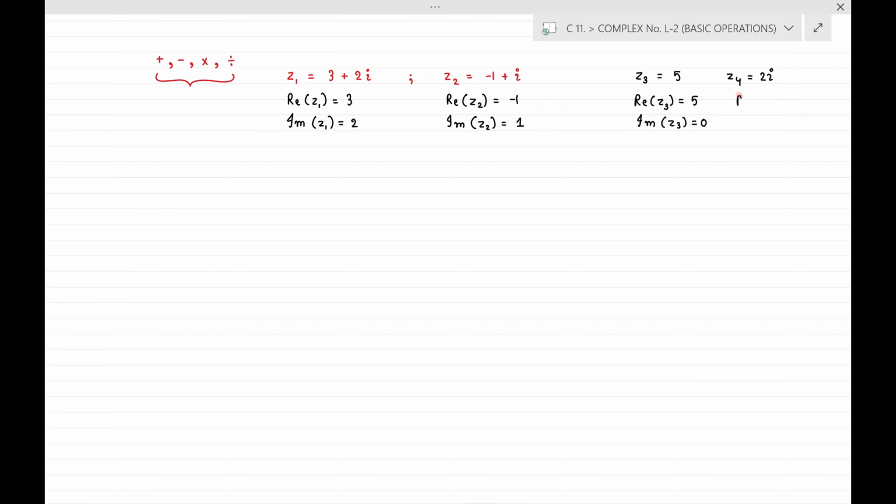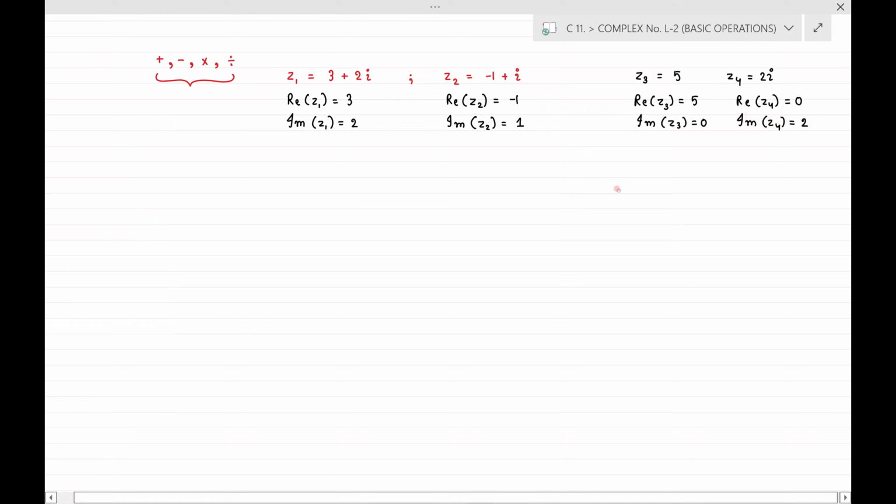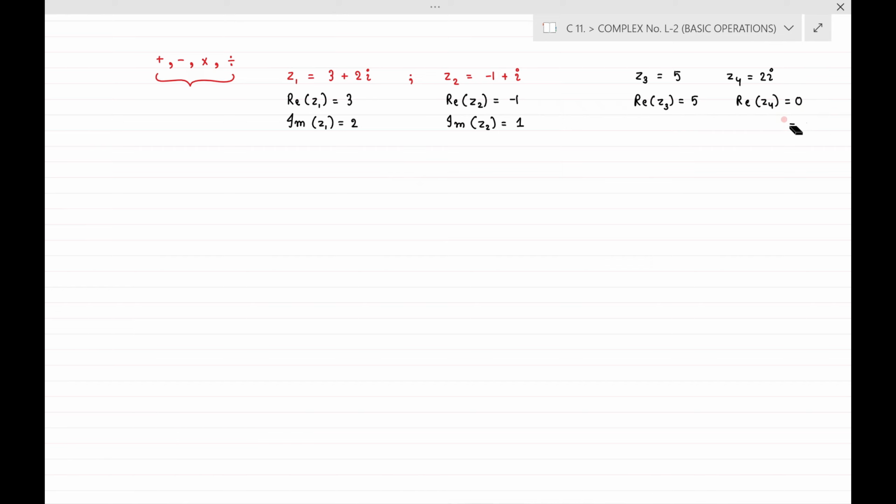Now in case of z4, the real part of z4 will be considered as 0 and the imaginary part of z4 will be considered as 2. I hope I am clear with the concept of imaginary and real part of a complex number, how to recognize whether the imaginary part is 0 or not, especially.